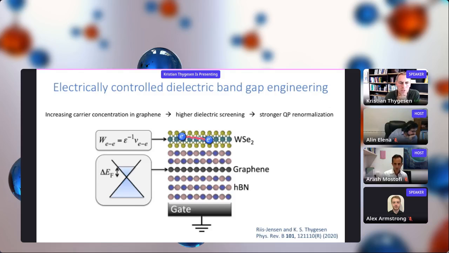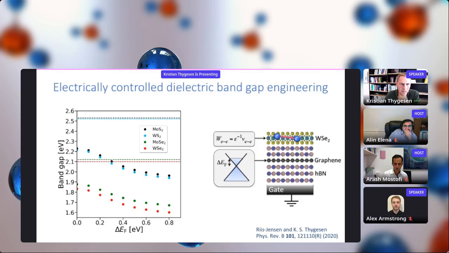Then we can perform a GW calculation for the tungsten diselenide, where we change the W, the screened electron-electron interaction, such that it accounts for the effect of the dielectric environment. So when we show something like these band gaps here, that's a GW calculation for the single layer, but taking the entire dielectric environment into account through the screened electron-electron interaction.